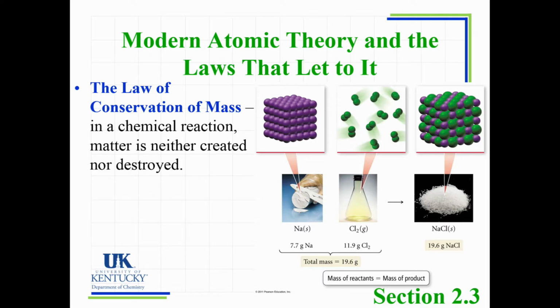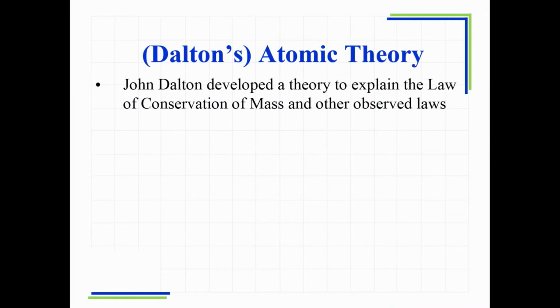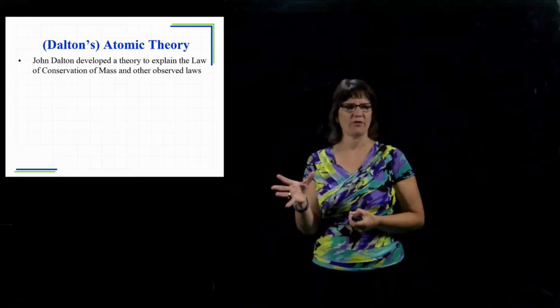So then the scientists say, okay, this is what we observe, this is what we know, and so often after an observation and a law, they start scratching their head and say, why? Why is this true? What is happening? They start developing theories as to why this would always be the case. And this led to Dalton's atomic theory. Sometimes we just call it atomic theory.